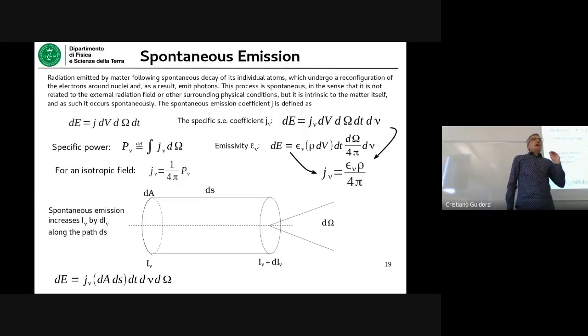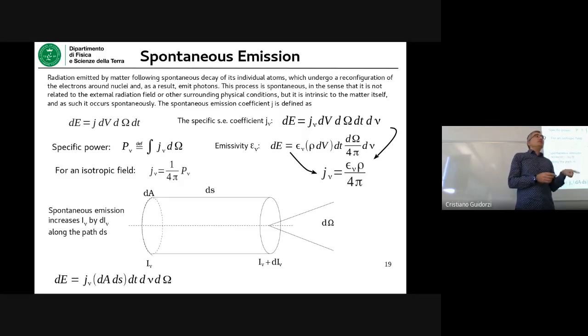So we wonder, how much do we gain thanks to this volume because of spontaneous emission? How much energy do we gain from moving from here to here? Why do we gain energy? Well, because within that volume, atoms contribute to radiation thanks to the spontaneous emission. So the amount of energy that we gain, we can express as a function of J nu.